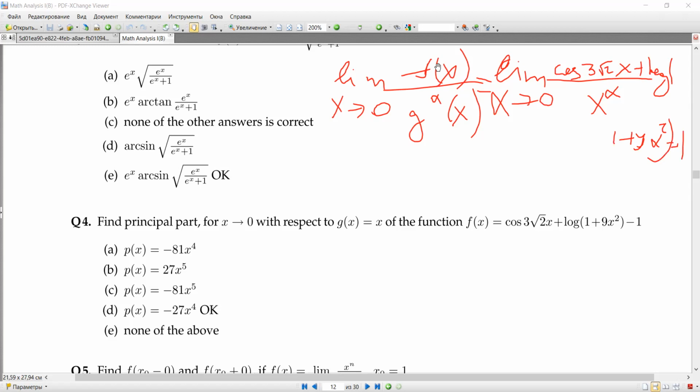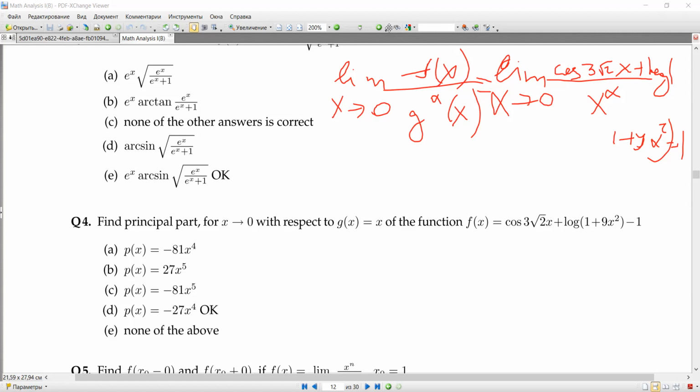So as x tends to 0, where does it tend? Cosine 0. What is it? It is 1. And here also, logarithm of 1 plus 9x squared gives us logarithm of 1, which will be 0 again. And then minus 1.